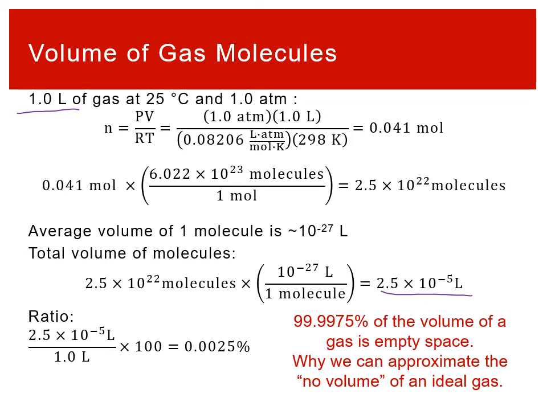But when it comes to relative volume in a gas, the molecules and atoms themselves are a very, very small component. It's mostly just empty space. So this is why we can assume these ideal gas tenets. We can use the ideal gas law to describe real gases because they move so fast, they don't have interactions with each other, and they're so small and there's so much empty space that you might as well just say they have no volume.